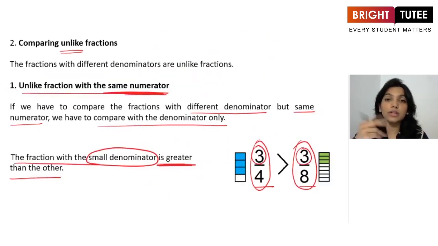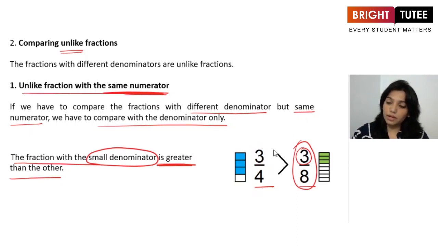Now unlike fractions are totally opposite. You have different denominators, and if you have the same numerator, you don't compare the numerators, you just compare the denominators. And the one which is smaller is basically the bigger fraction.